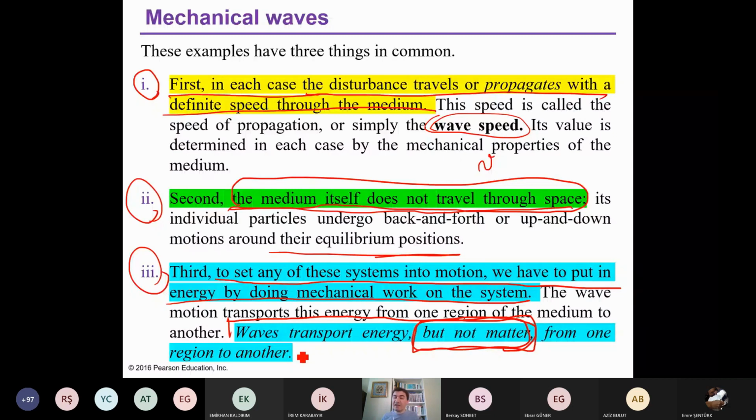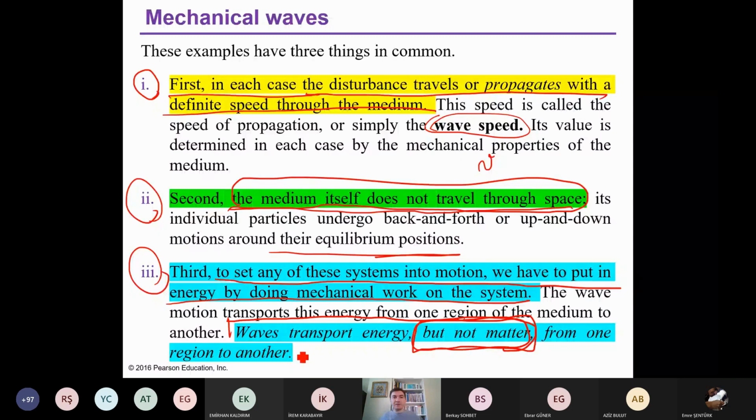They require a medium to travel, but this is not the case for electromagnetic waves, which we will discuss in physics too. Electromagnetic waves do not require a medium to propagate, but mechanical waves propagate in a medium. So this is the difference between mechanical waves and electromagnetic waves.